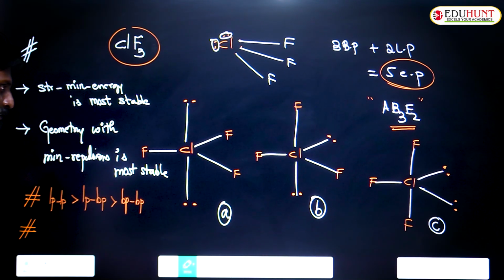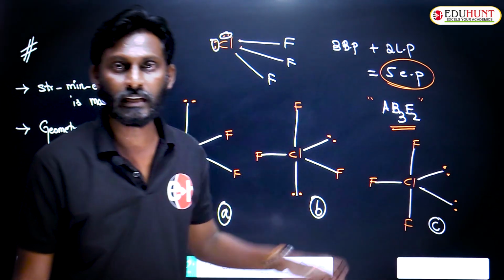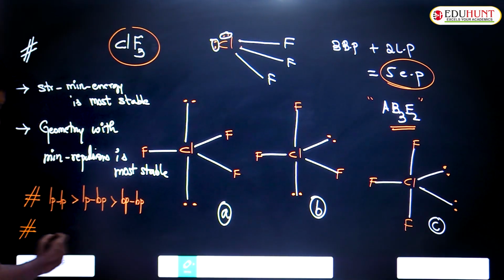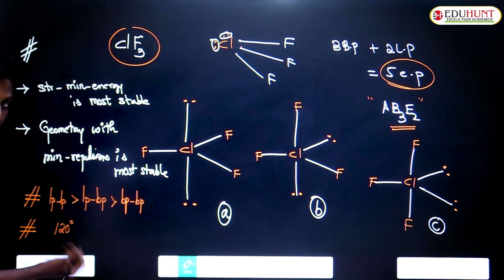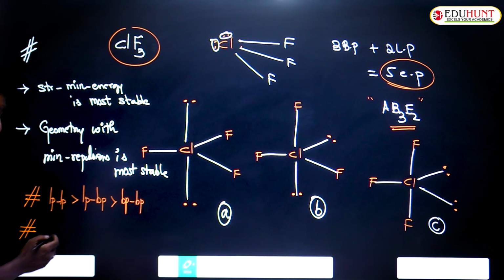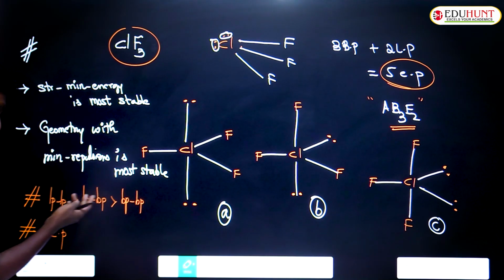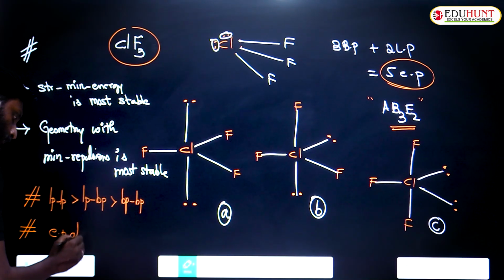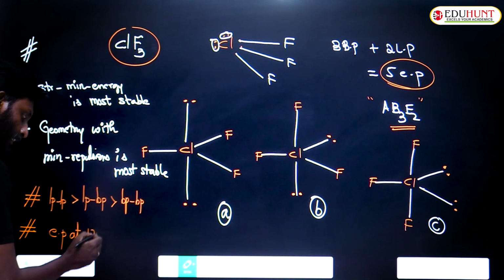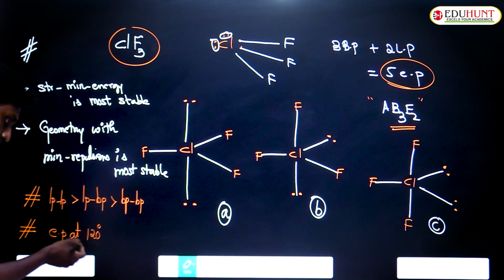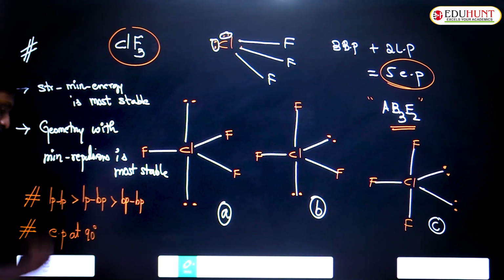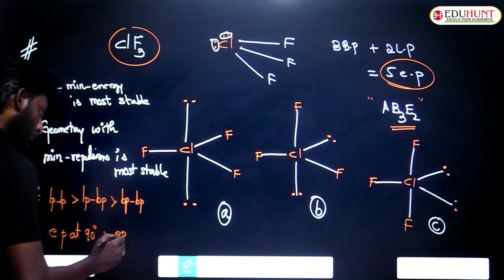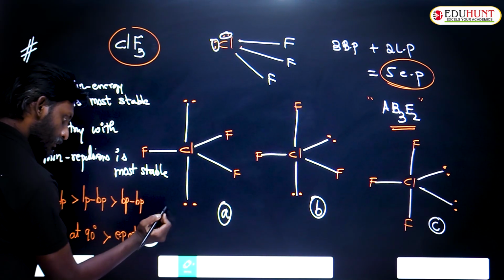Now, another point you have to consider here is, in this geometry, there are two kinds of bond angles. One is 120 degrees, another one is 90. So, I can say that electron pairs, whether they are lone pairs or bond pairs, at 90 degrees cause more repulsion than electron pairs at 120 degrees.